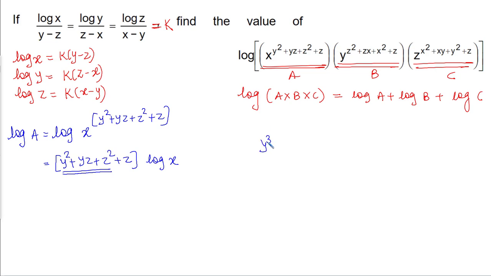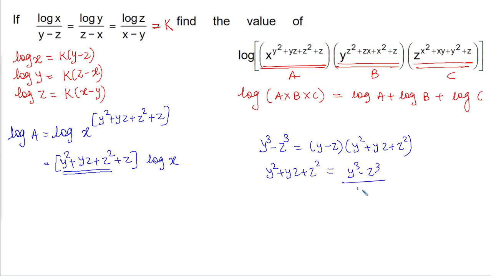The formula of y cube minus z cube is y minus z into y square plus yz plus z square. So the value of y square plus yz plus z square is y cube minus z cube divided by y minus z.